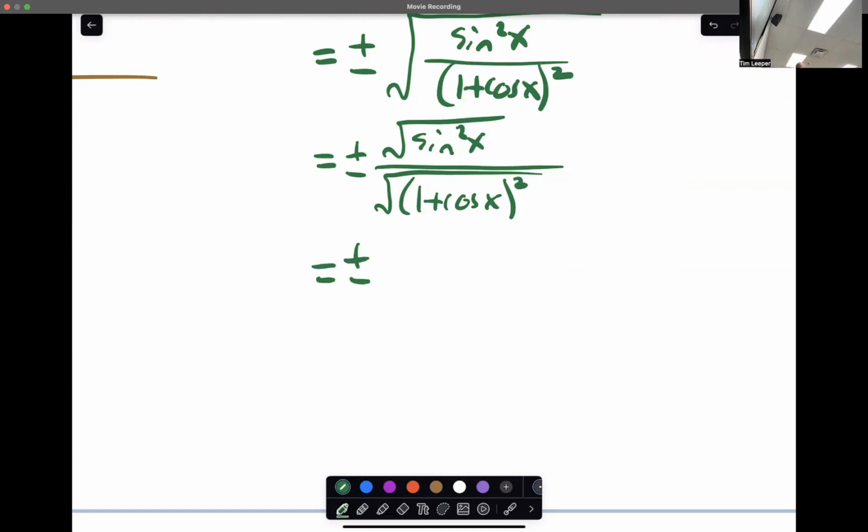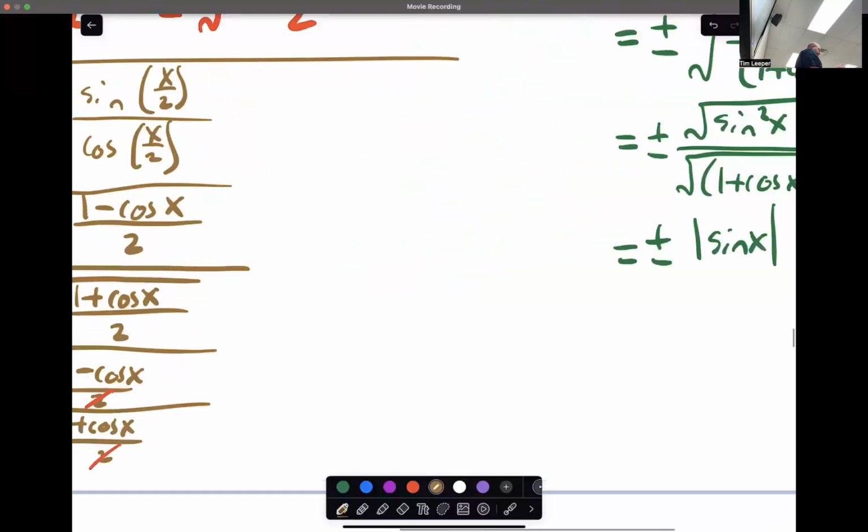What is the square root of sine squared? It's technically the absolute value of sine. Hmm. Do you remember back in 1414 when we talked about the square root of x squared is just the absolute value of x? You probably don't.